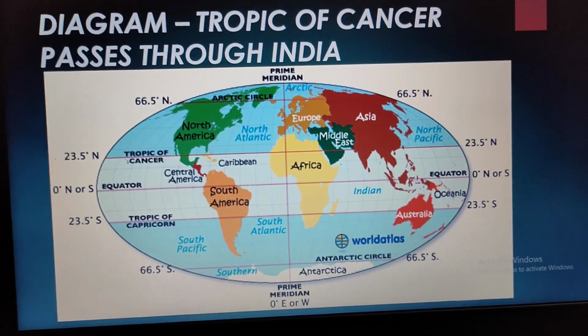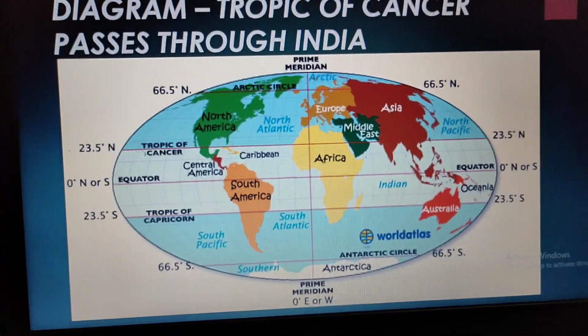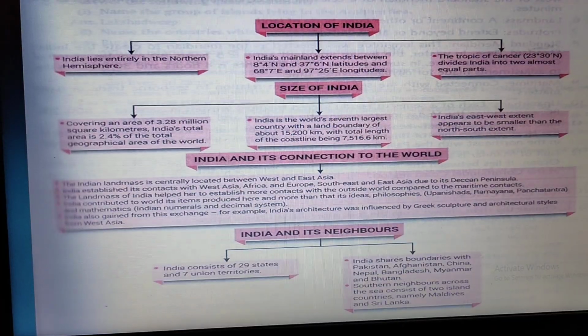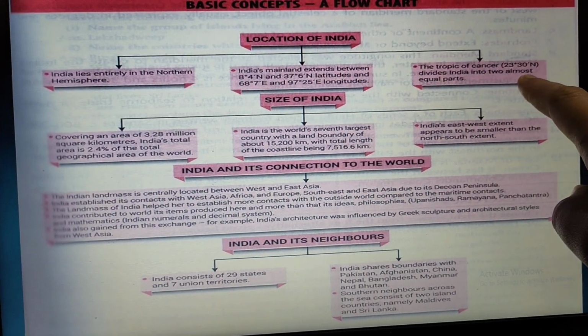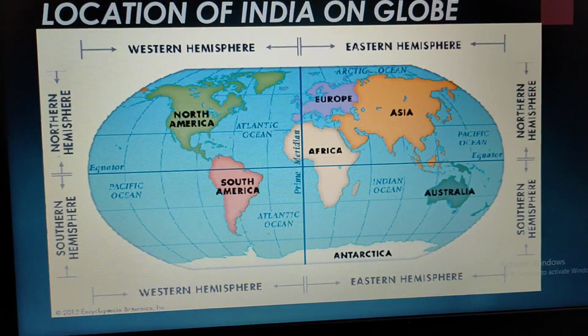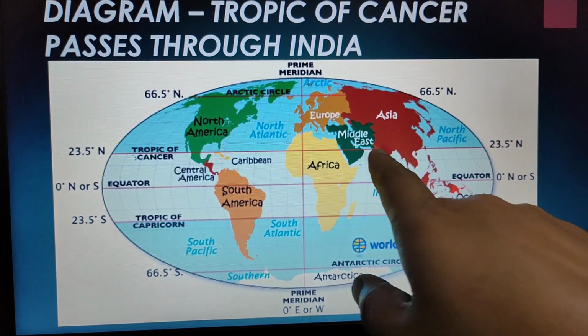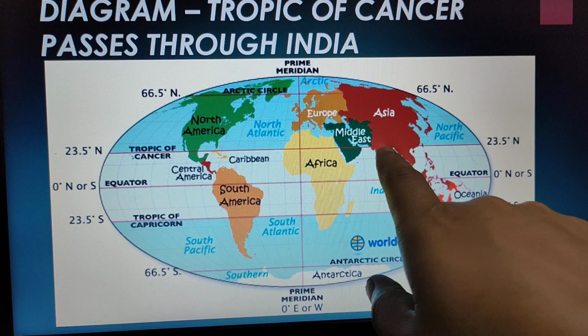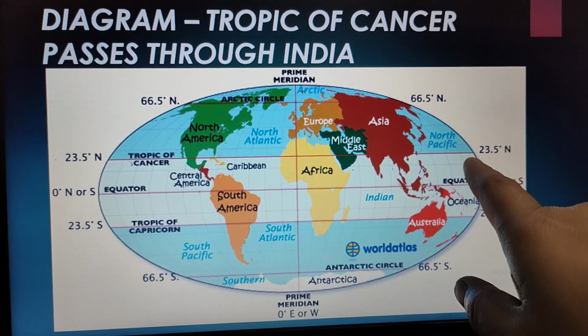Next diagram, now Tropic of Cancer. The other point was this one, the Tropic of Cancer divides India into almost equal parts. Now, this is Tropic of Cancer. It is passing through India. Very clearly, it is dividing India into two equal parts.